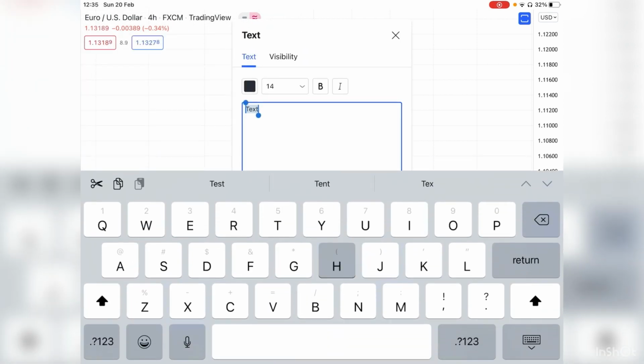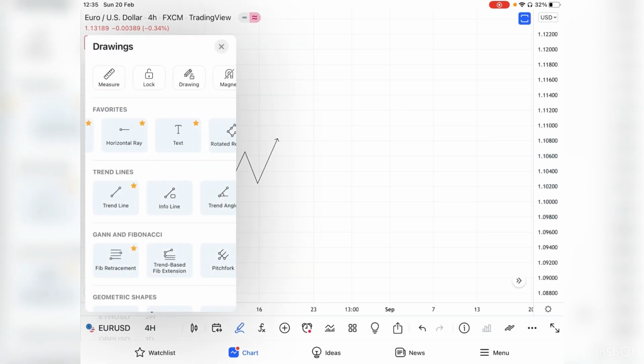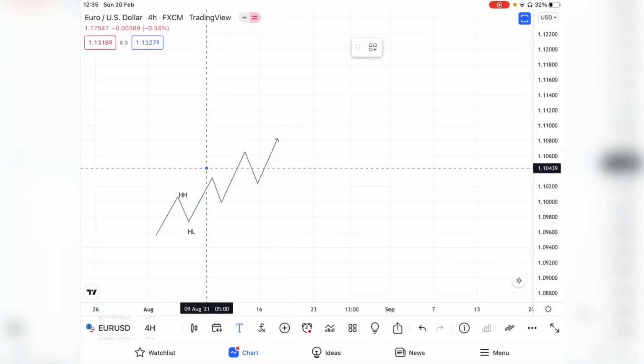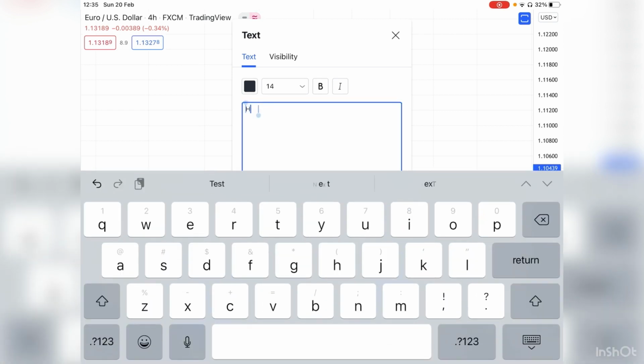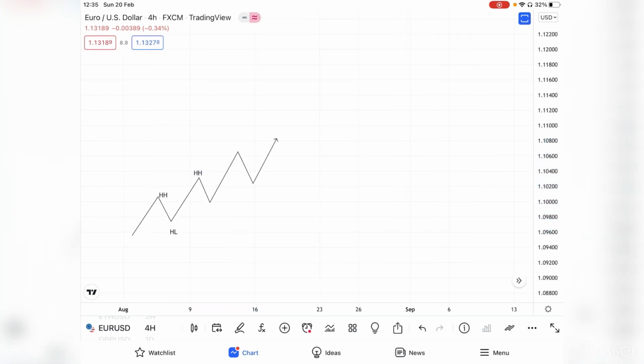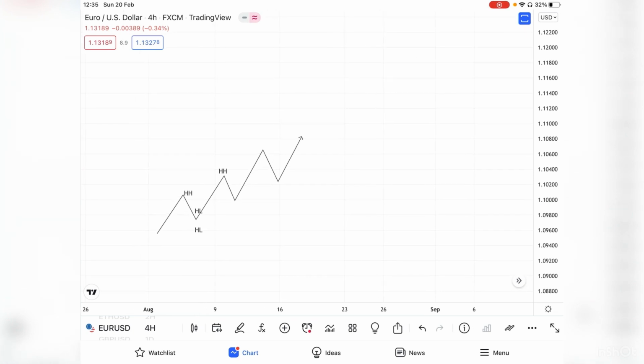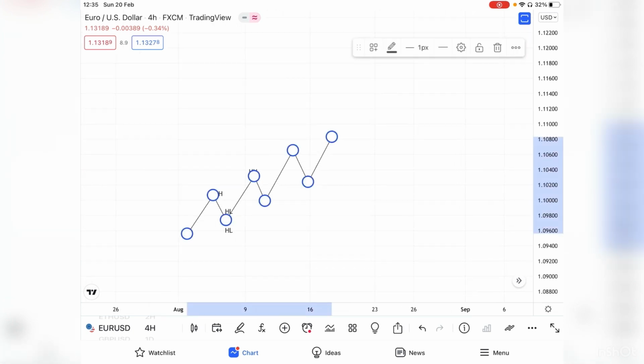Here we have a higher low and then we have a higher high up there again. Let me mark this one. This is a higher high. We have another higher low right here.